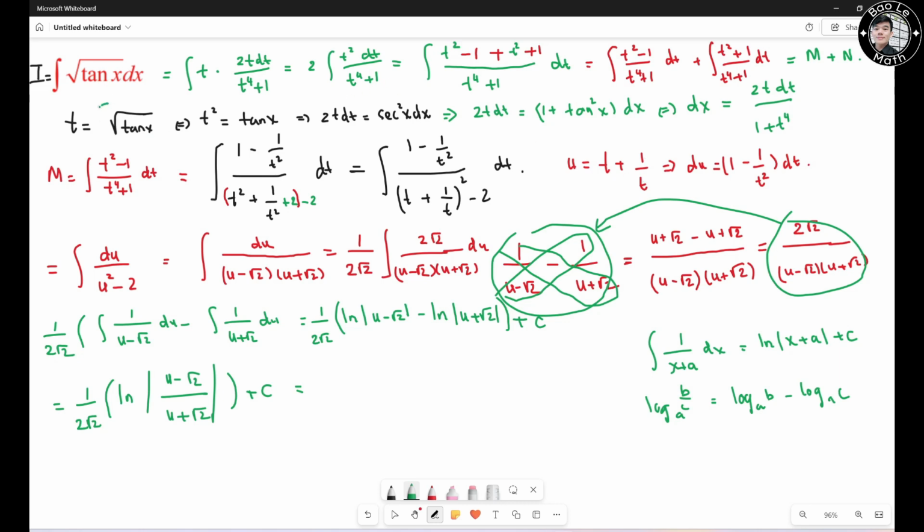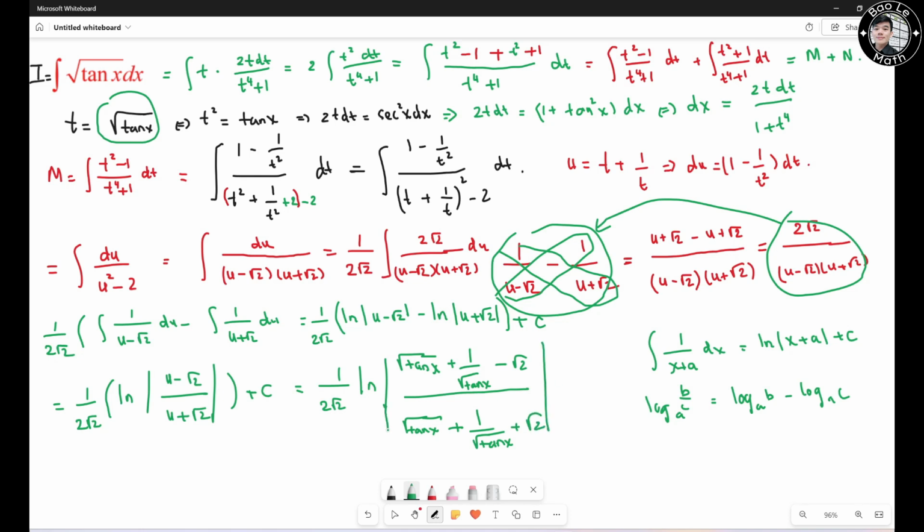But t equals square root of tangent s, so I have 1 over 2 root 2 natural log of absolute value of square root of tangent s plus 1 over square root of tangent s minus root 2 over square root of tangent s plus 1 over square root of tangent s plus root 2 absolute value and then plus c.